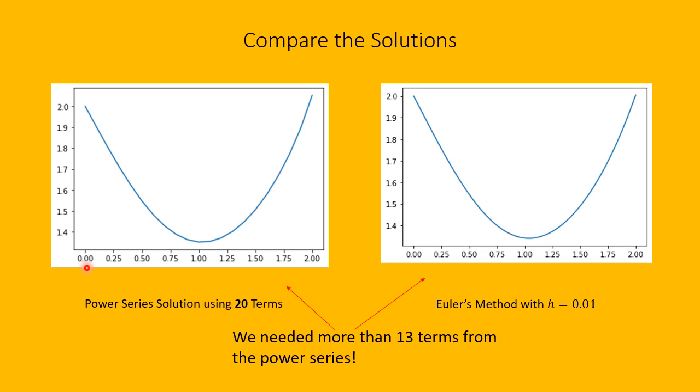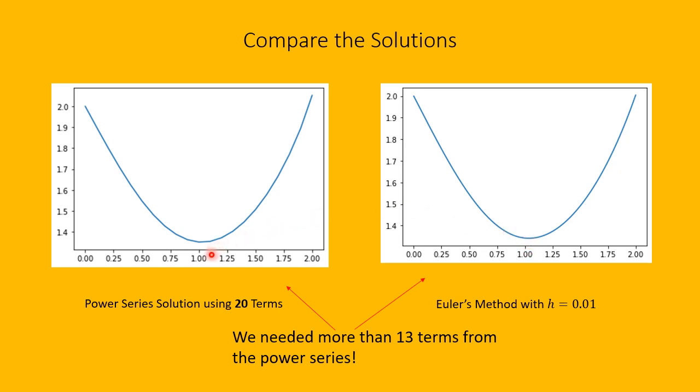This one starts at 0, 2, and it goes down, and the minimum is kind of hard to tell, but close to 1, I guess. In this one, Euler's method, it starts at about 2 again, and it goes down and has its minimum maybe just a little bit to the right of 1.